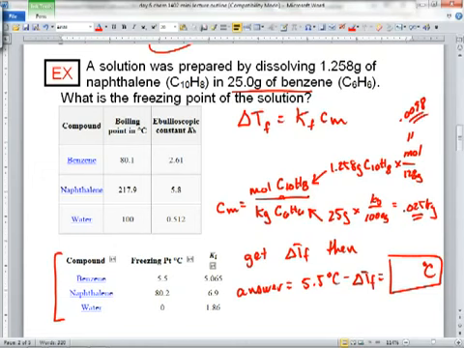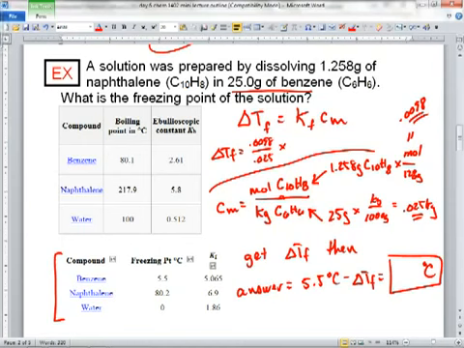Okay. So now we're running out of space here. My delta TF is going to be Cm, which is 0.0098, all over kilograms of solvent, 0.025, times my Kf. Oh, I should have done that first. That's okay.